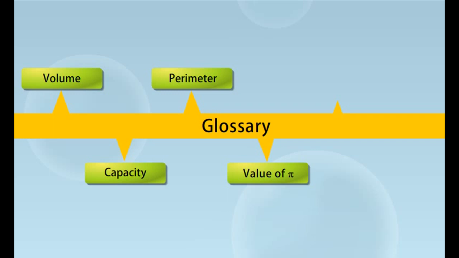Summary. Let us summarize what we have learned. Volume of a cuboid is equal to L times B times H. Volume of a cube is equal to a³.